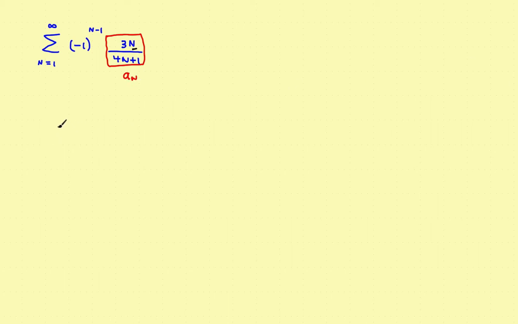So my first step is to figure out whether the limit of A sub n as n goes to infinity is equal to 0. So that's going to be the limit of 3n over 4n plus 1. As n goes off to infinity, what's this thing going to do?